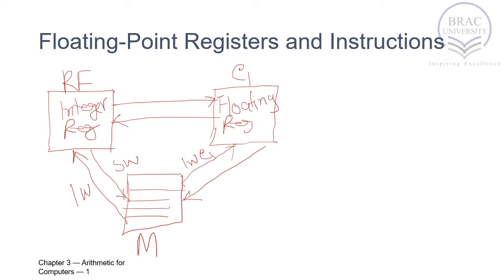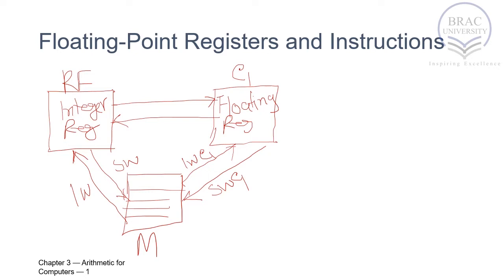When it transfers something to the memory or RAM, this is again store, but we add C1 with it. This C1 tells that this is an operation between the memory and coprocessor 1.